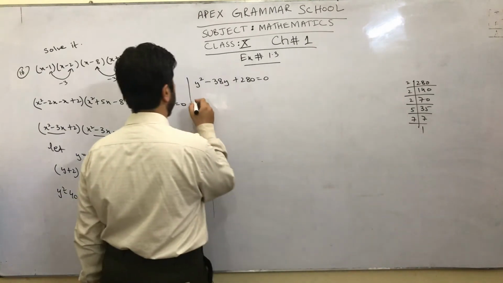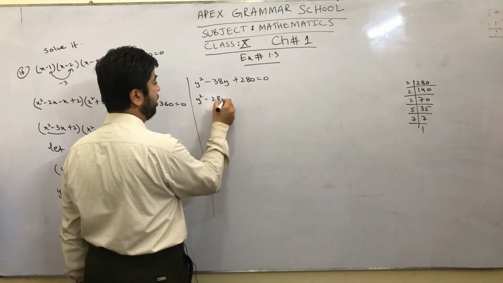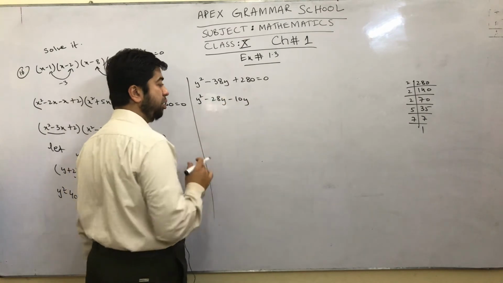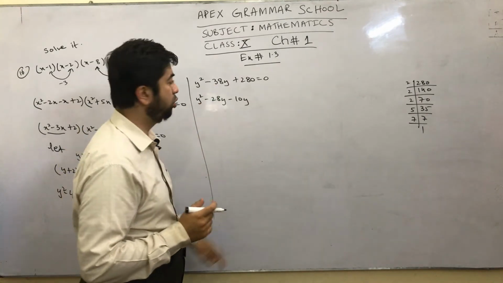Yes, this is y square minus 28y and minus 10y. After both getting multiplication, you have plus 280.